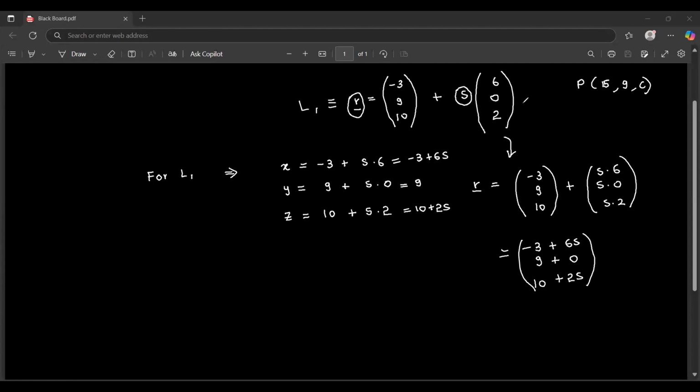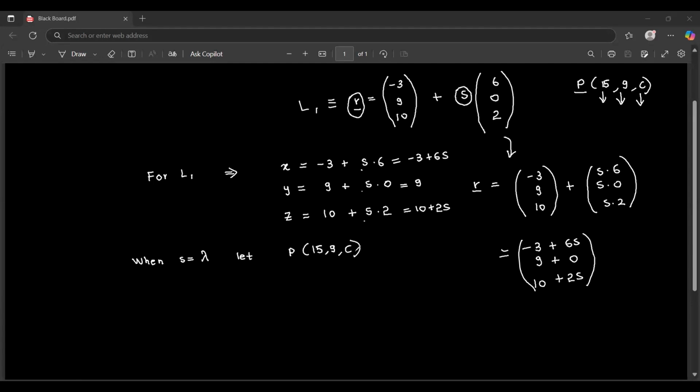Now, for point P, the x value is 15, the y value is 9, and the z value is c. Let's say when s is equal to lambda, a specific value of the parameter s, point P is (15, 9, c).